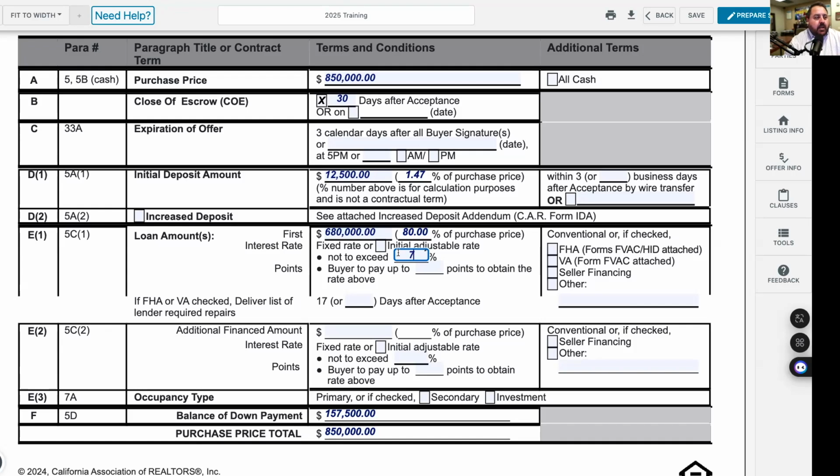Yeah. So if, for example, I'm getting 7% from my lender, that's what my buyer's rate was quoted at, 7%. And we're writing an offer now to get that offer accepted. At the minimum, I need to increase the interest rate that my buyer's willing to accept so that they're committed to this transaction. I have to add at a minimum 0.25%.